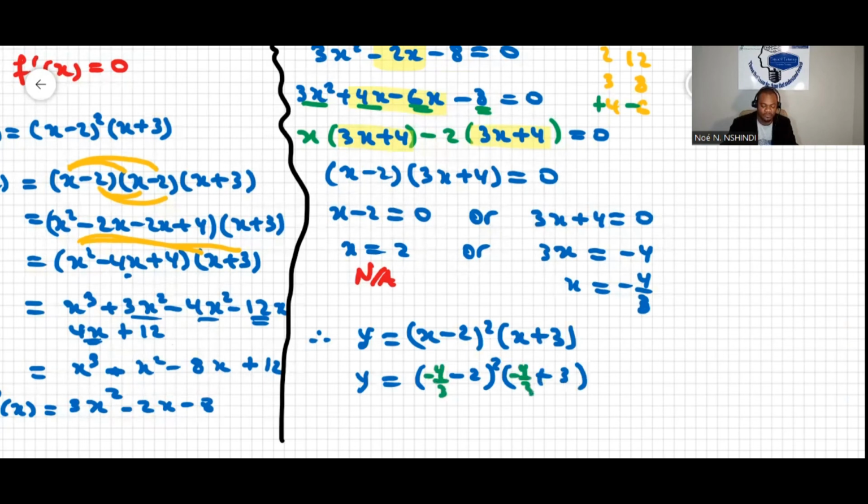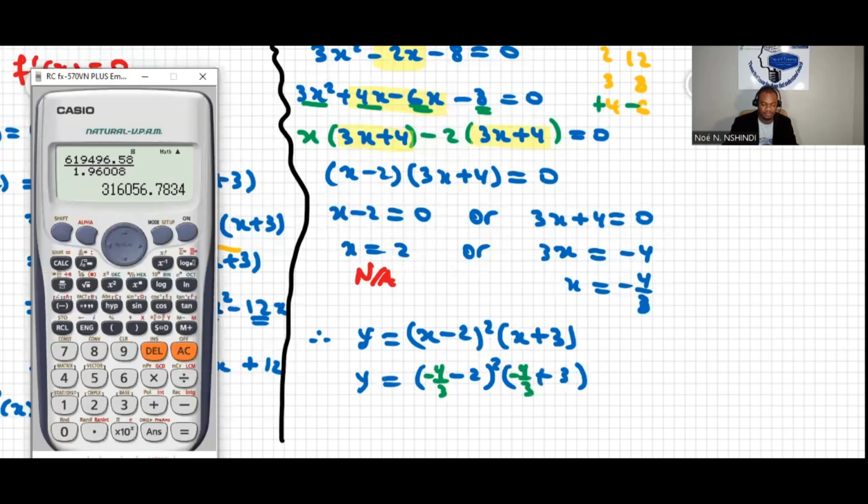So we have negative 4 over 3 minus 2, close brackets to the power of 2, and then open brackets again, negative 4 over 3 plus 3, and then close brackets.